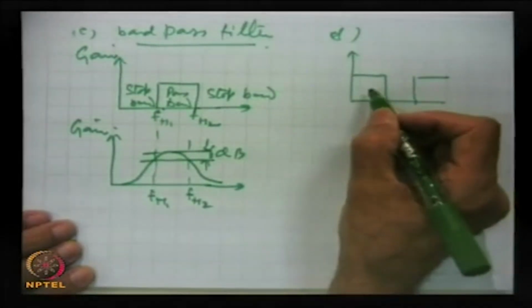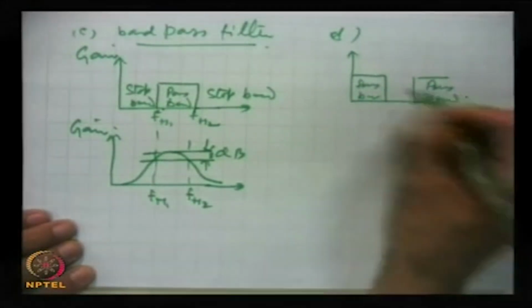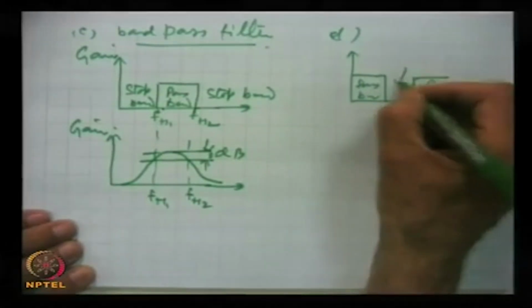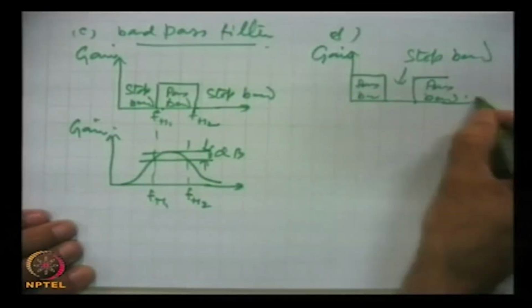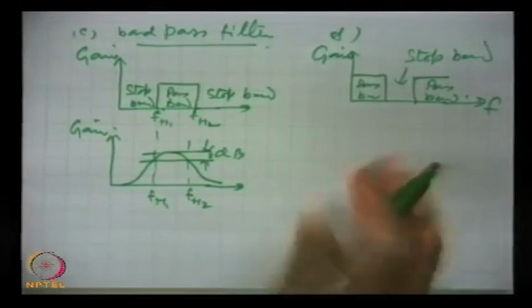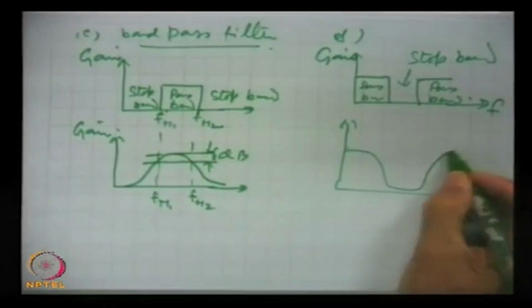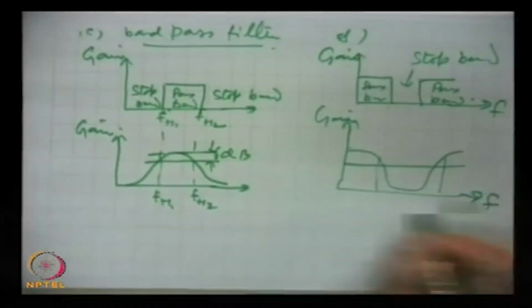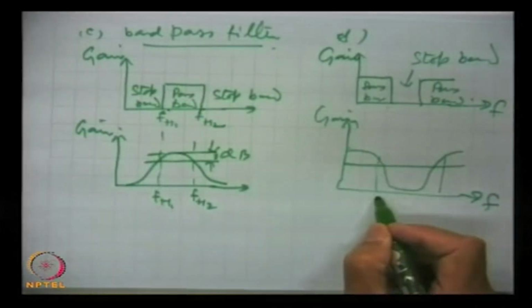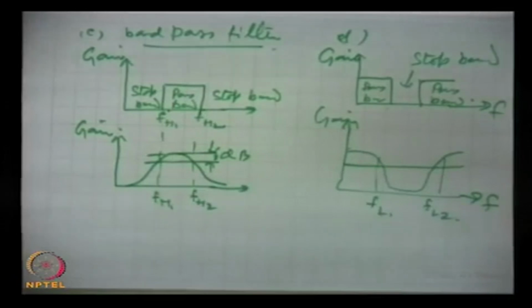This is the pass band, this is the pass band, this is the stop band. This is gain, this is frequency, and practically this will be like this, where this is gain, this is frequency, and these are those two frequencies FL1, FL2. So, this band will not be permitted to go into the circuit for further processing.